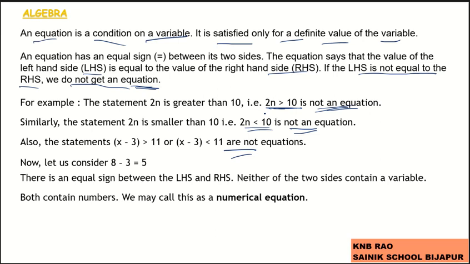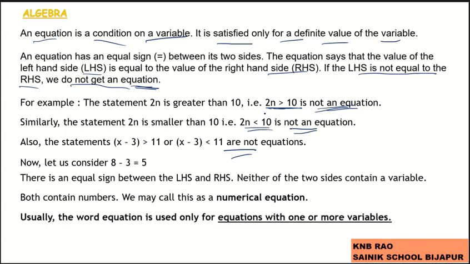Suppose I have a variable in any one of the sides of this condition, then it becomes an algebraic equation. Usually the word equation is used only for equations with one or more variables, but don't get confused.